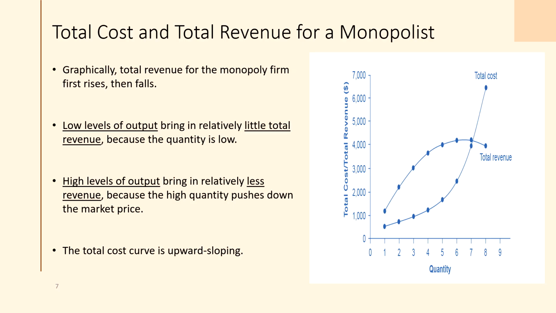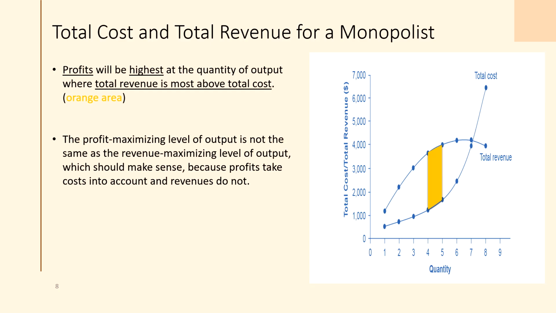Meanwhile, total cost continues rising as output increases. This creates a profit maximizing region where total revenue is farthest above the total cost. Profit is the greatest where the vertical distance between total revenue and total cost is the largest. That point represents the maximum profit.